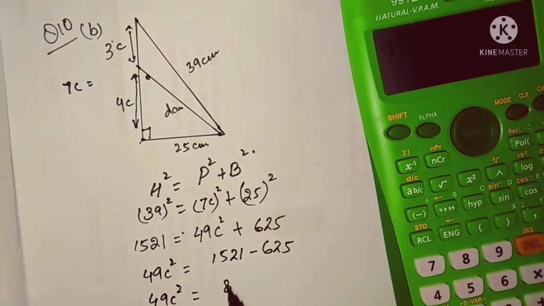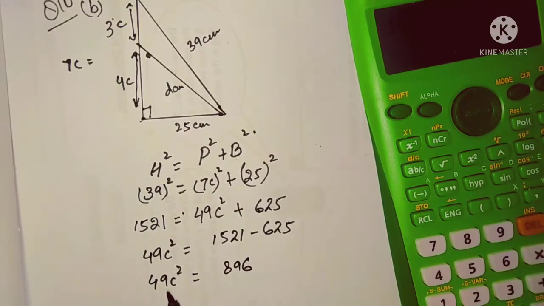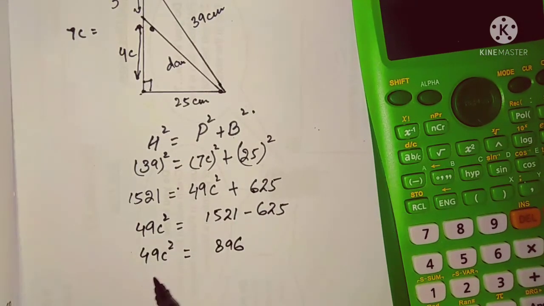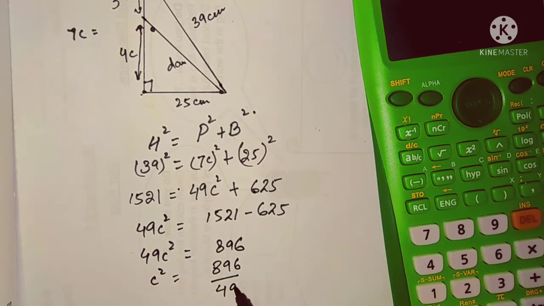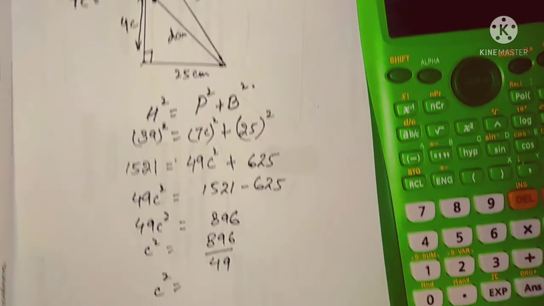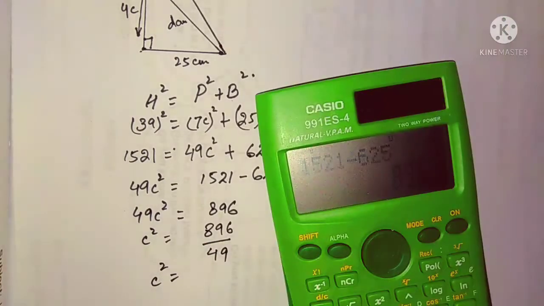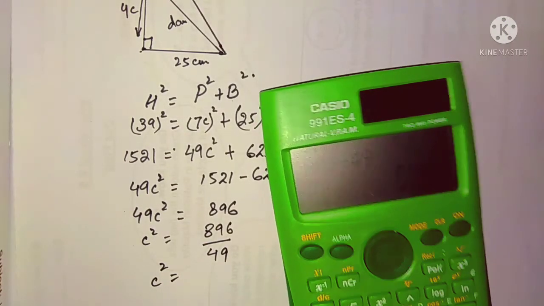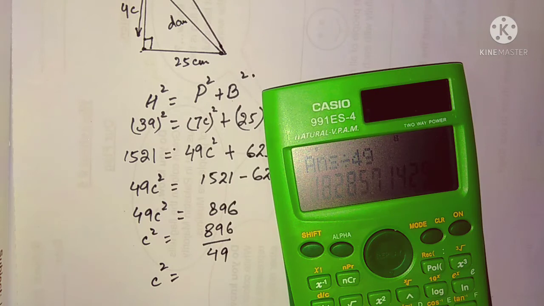So what will we get? 1521 minus 625. So I will get 896. So we have to find out the value of c. This 49 is multiplying with c square, so it will come to this side and be divided.